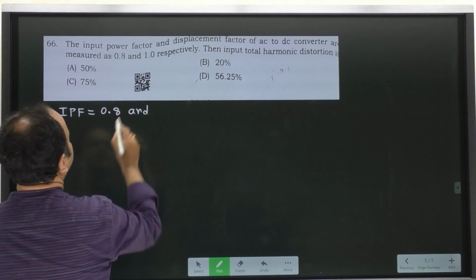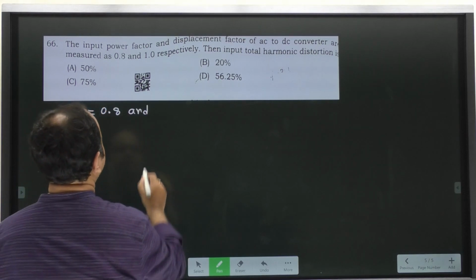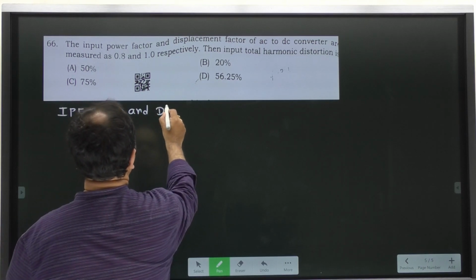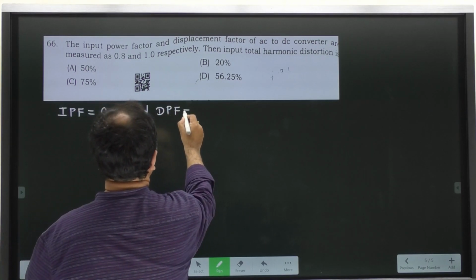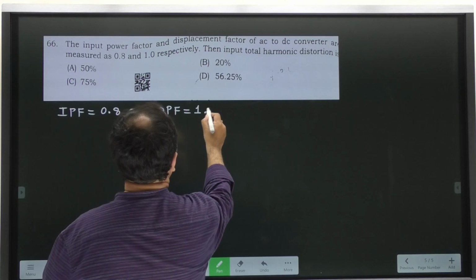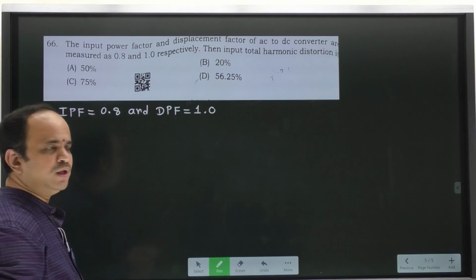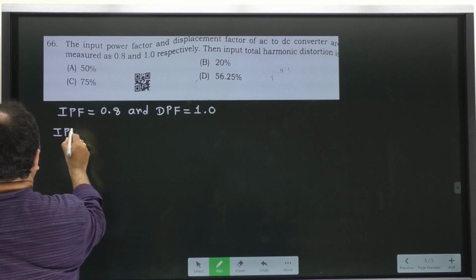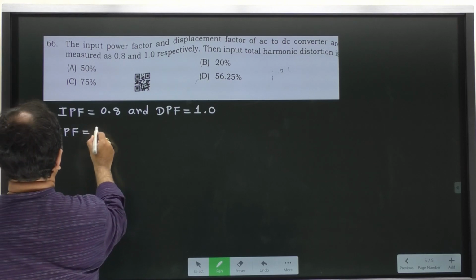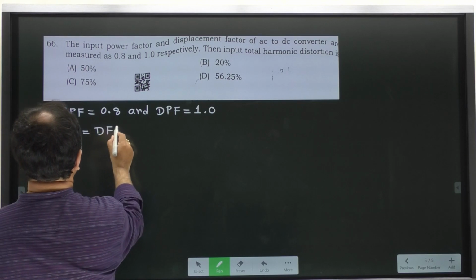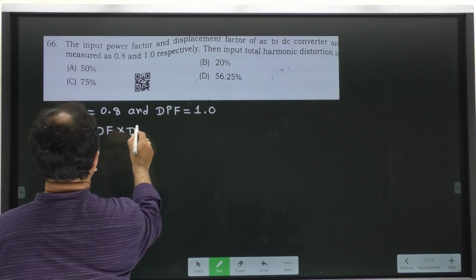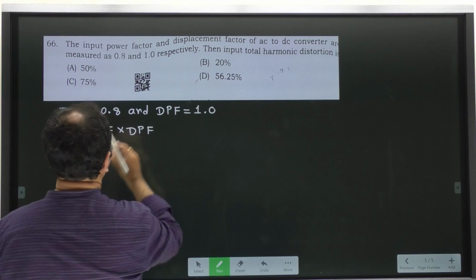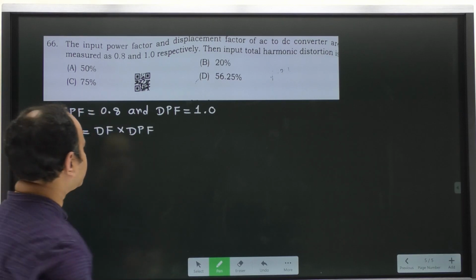and displacement factor, let us use the symbol dpf, is equal to 1.0. So from the basic relationship for an AC to DC converter, input power factor can be expressed as distortion factor multiplied with displacement power factor.